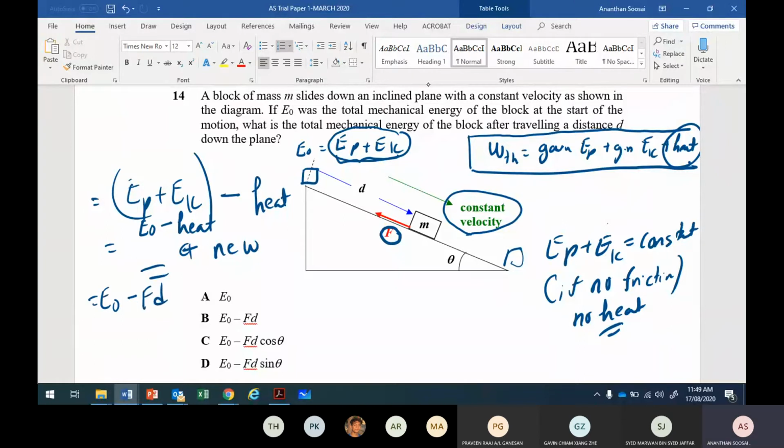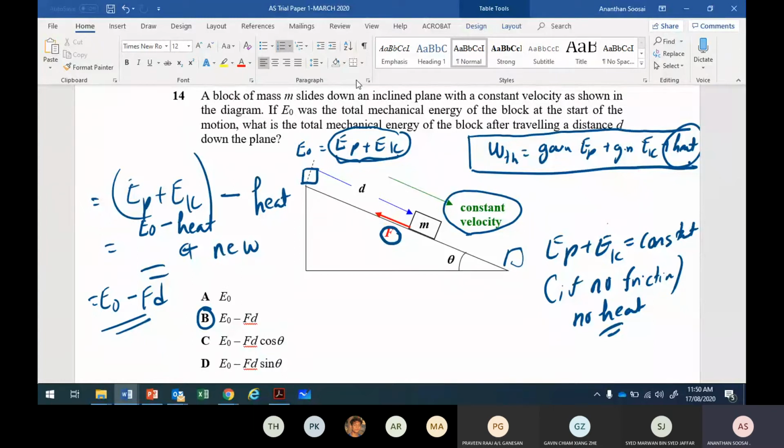So it should be B. The work is force times distance parallel to the force, so F d. Answer given, is it B? Yes. Do you get the idea? Yes, thank you, sir. Okay, good, thanks.